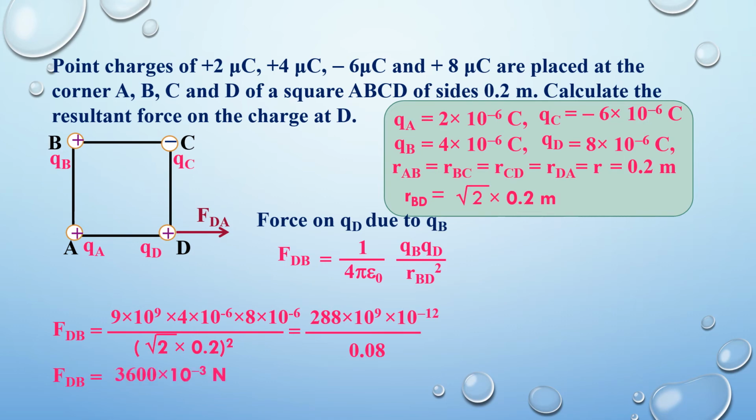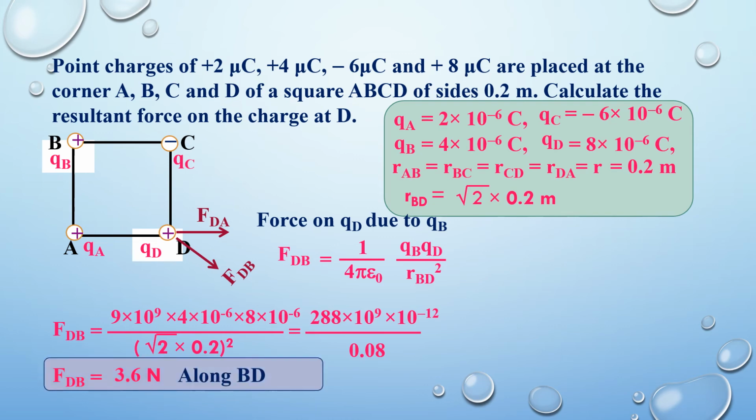On simplifying, this gives 3600 × 10^-3 Newton, or 3.6 Newton. Now remember, we have calculated the force on D due to B, hence this force should be along BD. So force FDB is along the line BD.